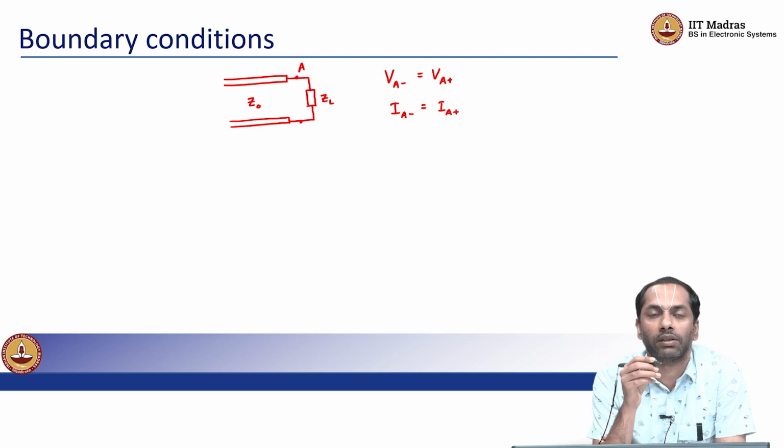So, whatever currents are flowing in the transmission lines to the left of A, the same currents would have to leave A, to the right towards the load. So, while these were not explicitly called out as boundary conditions, it is very simplistic. We are just equating the voltages and currents on either side.